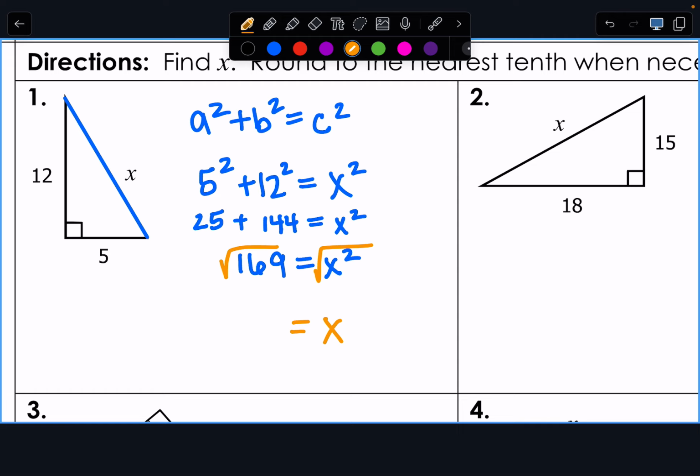So you should end up with 13. Okay, I understand that this is a new skill on the calculator. So if you need help, please ask a neighbor, ask me. Can you do the square root of 169 in your calculator and get 13? Yeah? Okay.